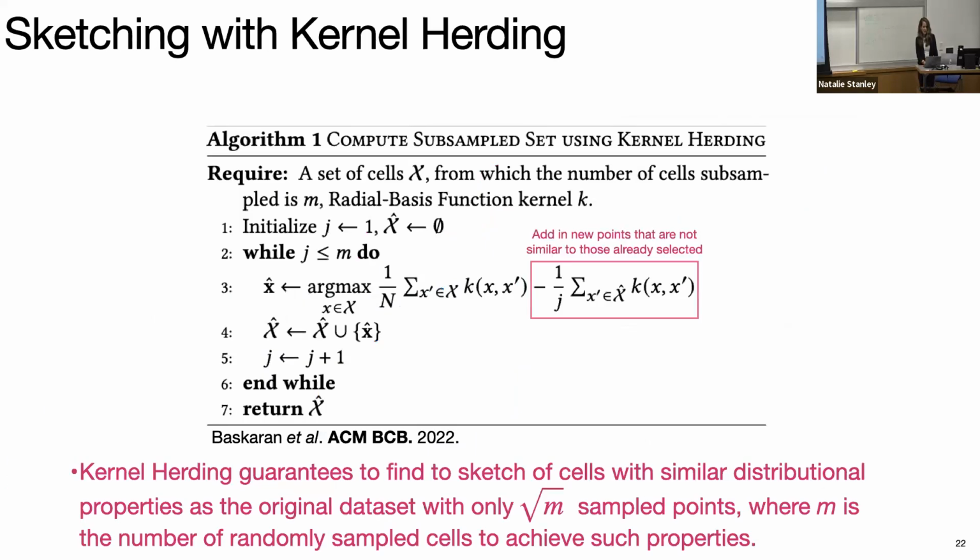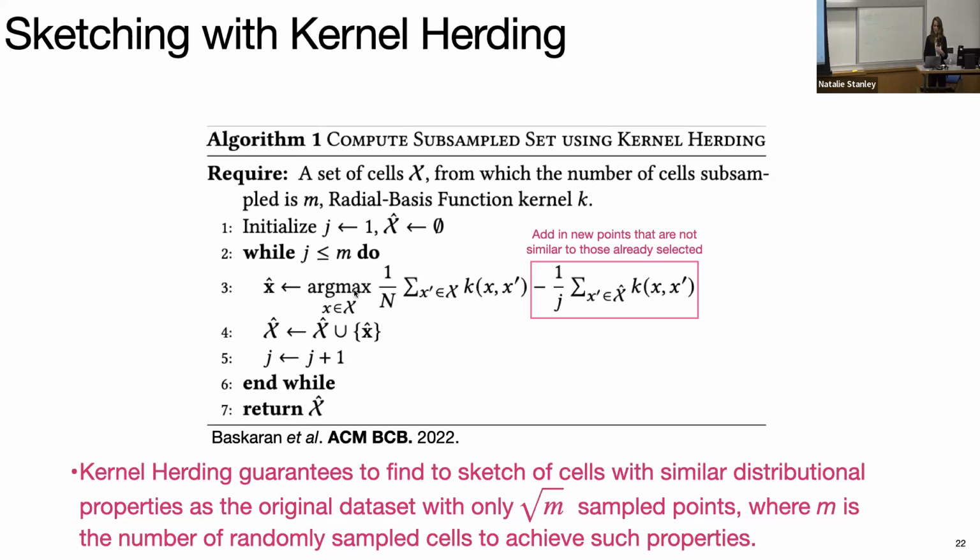Okay, and so we have this iterative algorithm where we start with an empty sketch, right? We don't have any cells, but what we're trying to do is to find a limited subset of the entire single cell data set. And so sequentially, we're trying to generate a sketch of size M, so M sampled cells.